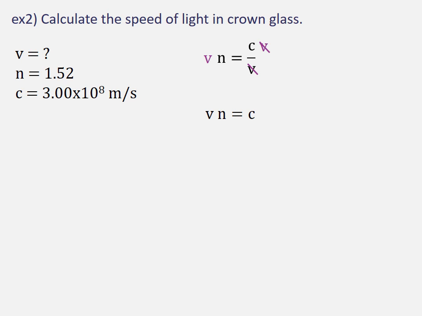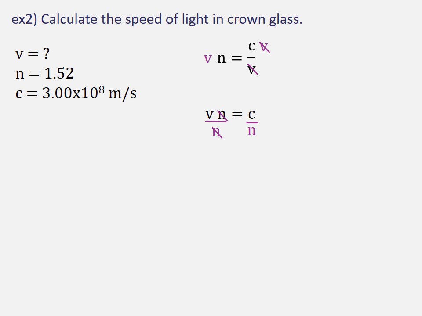Now V is in the numerator. The second thing I'm going to do is get it by itself. And that means I have to get N away from V. In order to do that, I will divide both sides by N. That will put an N in the numerator and denominator on the left-hand side so that they can factor out. And now V is by itself.